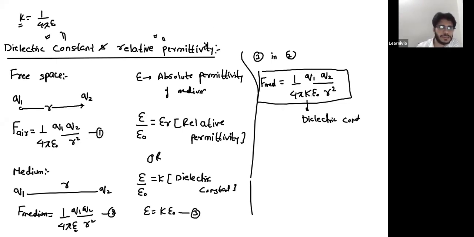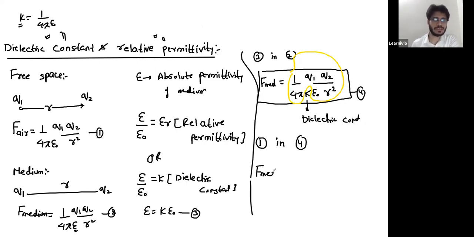Now in this expression, the whole 1 over 4 pi epsilon naught Q1 Q2 by R square, this is equation number 4, is the force in air, right? So if we substitute equation number 1 into 4, then you will get that the force between the charges in a medium is the force in air divided by the dielectric constant of the medium.